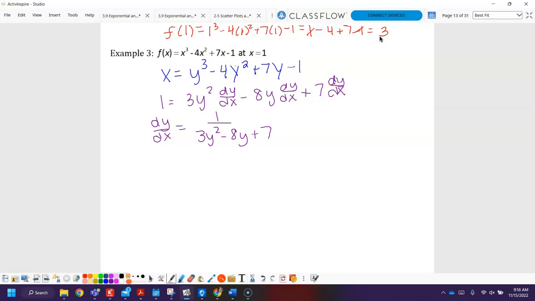I just wanted you to be aware that this is like finding dy/dx at 3, which equals 1 over 3 minus 8 plus 7. 3 plus 7 is 10, 10 minus 8 is 2, which is a half. So f inverse prime of 3 is a half.